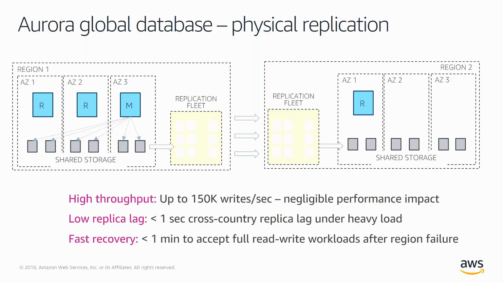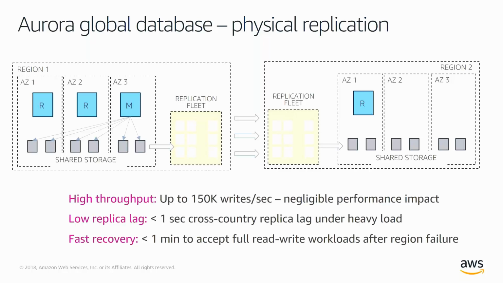And the way that it works, if you look at this picture here, is that in region 1, we have the 3 availability zones. The master is writing to all of the shared storage nodes, right? The 6 different storage nodes, and still our 4 out of 6. But with this, we actually are going to then write out to a replication fleet. That replication fleet is a single endpoint that is highly available, highly durable, right?